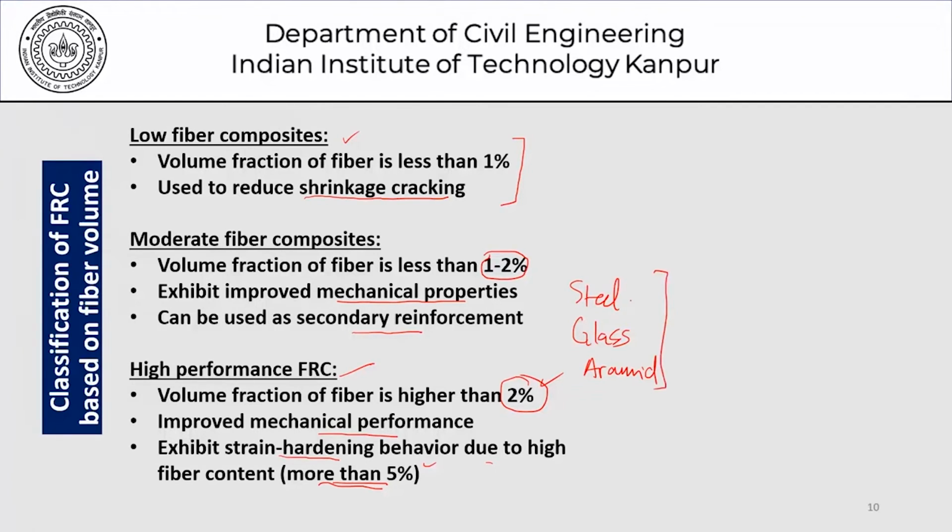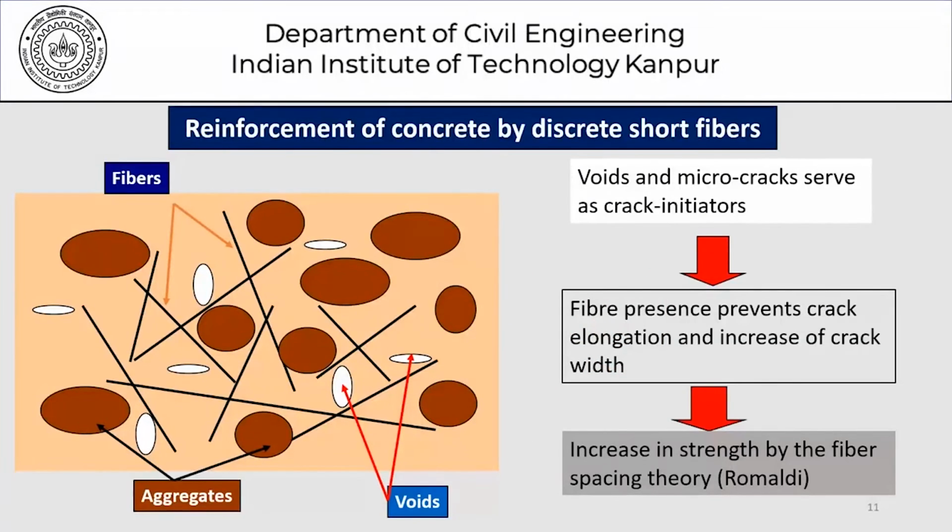So the principle involved is that what you achieve would depend on how much of fibers you put in. We could be looking for shrinkage cracking control. We could be looking at marginal improvement in mechanical properties. We could be looking at high improvement in mechanical properties, and therefore we need to add the adequate amount of fibers into the system.